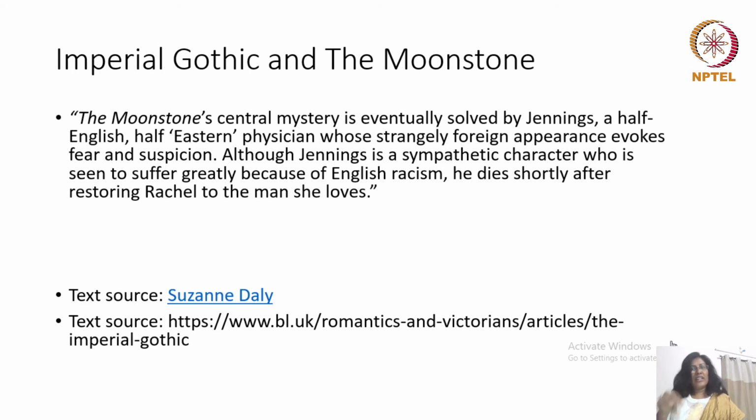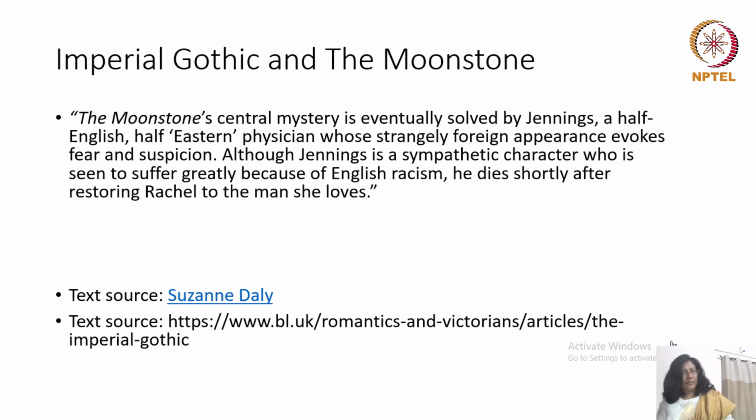So Ezra Jennings is very interesting to us because he's half English and half Eastern. So again, there's a hybridity to this character, and his foreign appearance is associated with a bit of fear on the part of the onlookers.